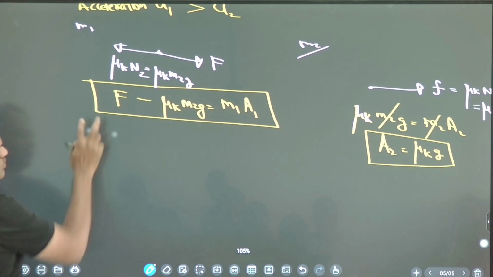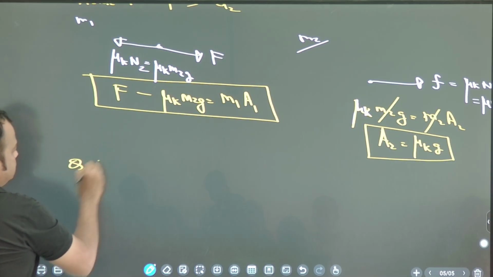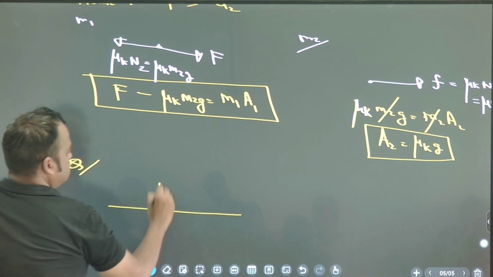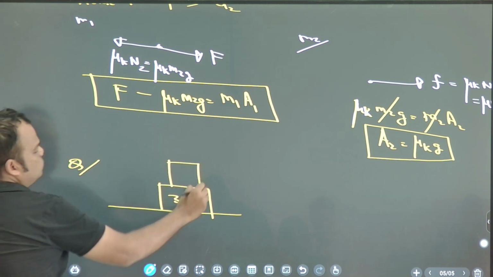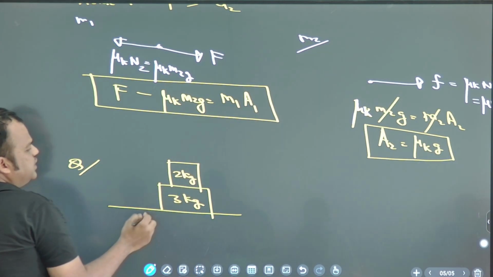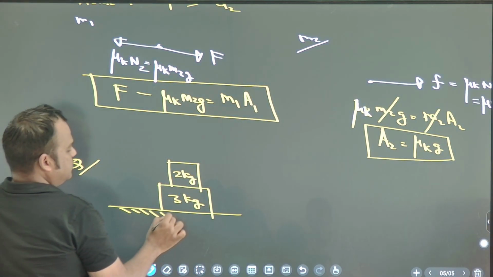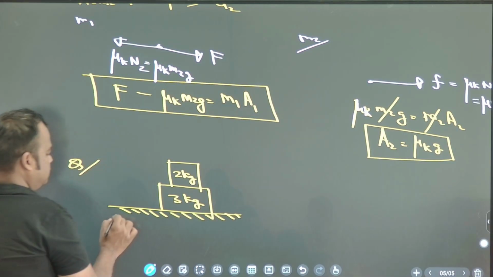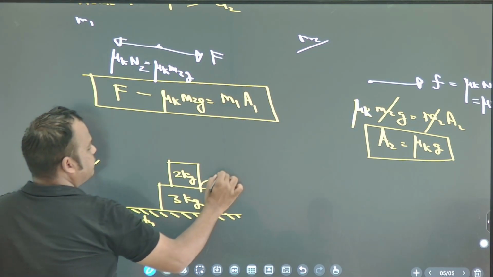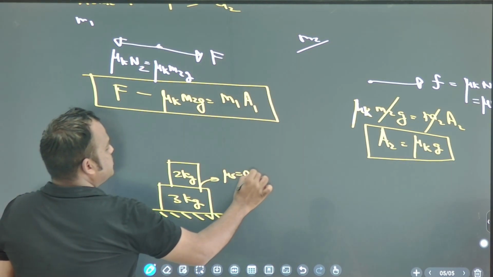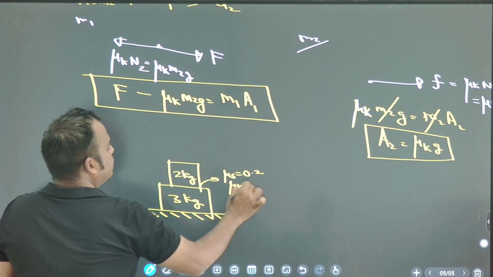So now solve this question. This is 3 kg, 2 kg. This is frictionless. This is rough. Mu s is 0.2, mu k is 0.1.